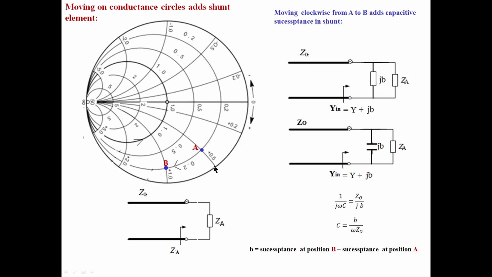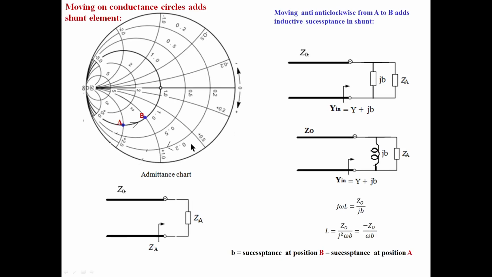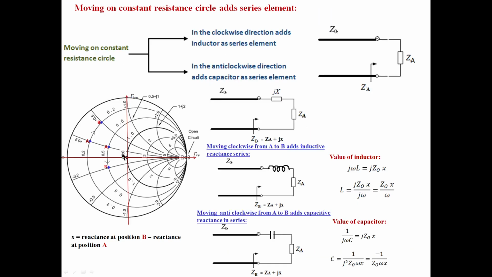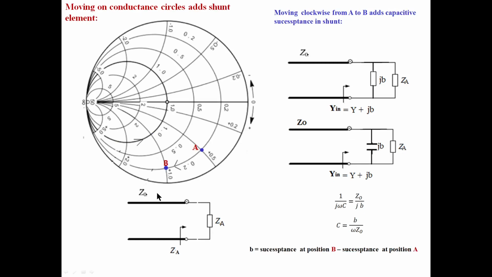In doing impedance matching, we are moving like this, over a conductance circle or the resistance circle. See like this, we move over resistance circles or on the conductance circles. So on which circle you are moving and in which direction you are moving, based on that you should add the element, you should write in the figure.